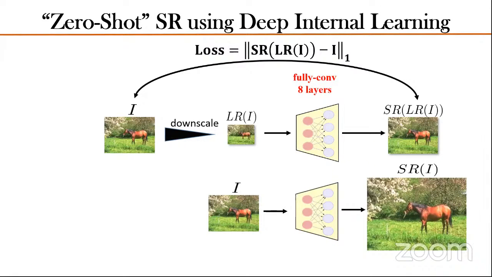So in fact, let's say you have an image in the current resolution. You want to get an image in higher resolution. But to do that, you just make a downscale of your input image, and then you want to use the image that you currently have as a ground truth.